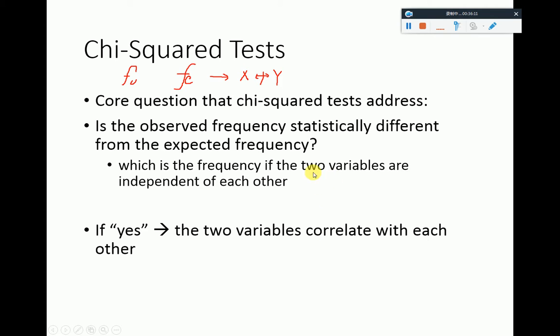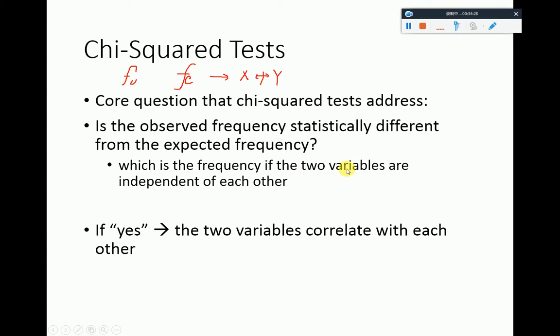I repeat, if we observe a meaningful difference between the observed frequency and expected frequency, we're going to reject this assumption that the two variables are independent of each other.